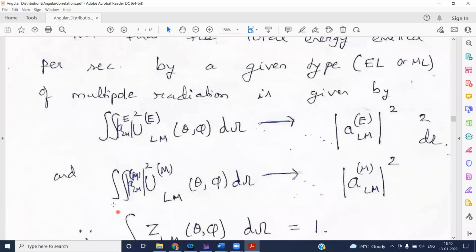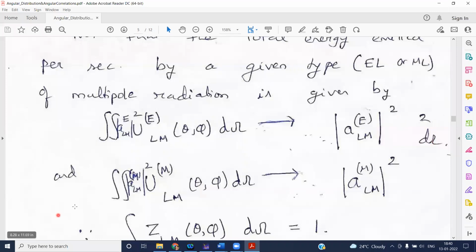Then I obtain, if I calculate it, I'm not showing you the calculation, all the angular part is over and I get only what is called the probability of getting L and M, A_E(LM) mod squared. That is what I obtain.